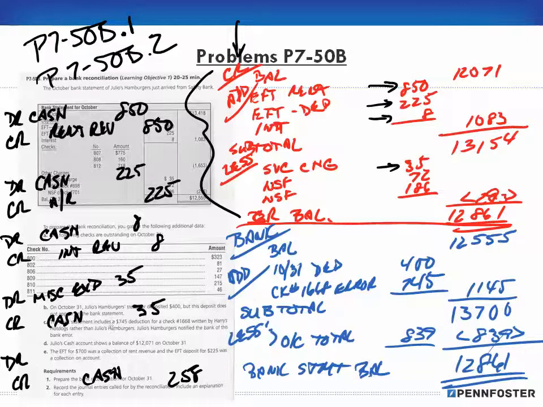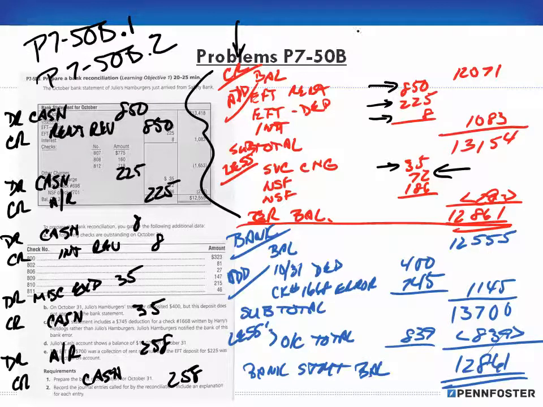Well, remember, these are non-sufficient funds, meaning somebody cashed the check, but it bounced. Okay, so we have to put that back on our accounts receivable. Right, so there was an accounts receivable, and we'll just use this one here. Someone had an accounts receivable for $72.